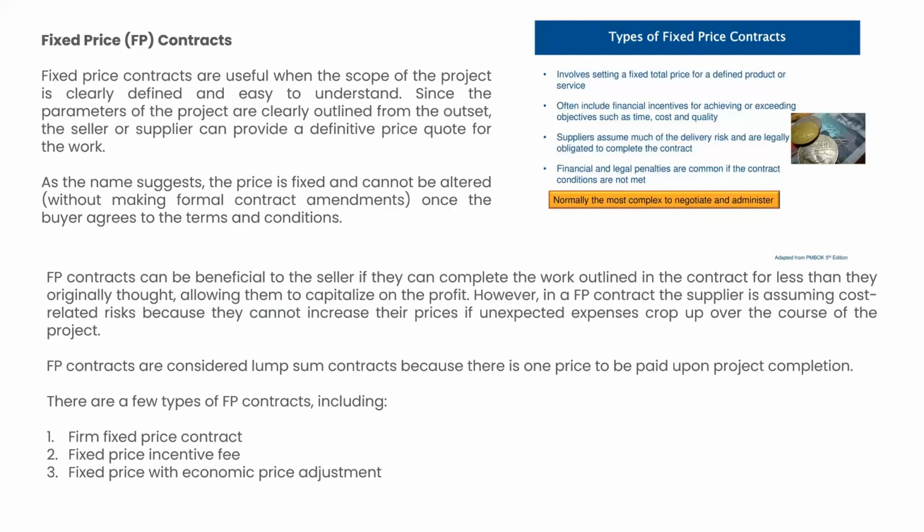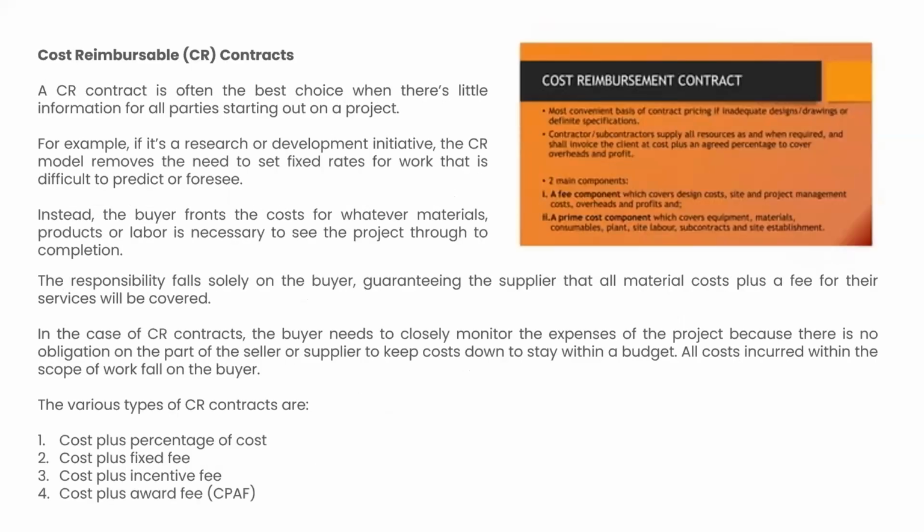Fixed price means the price of the raw materials or the resources doesn't change even when the market price fluctuates. Cost reimbursable is where the prices of the raw materials or the resources change subject to market changes, because there is no fixed timeline for the end of the project.